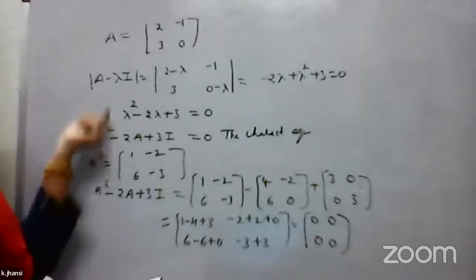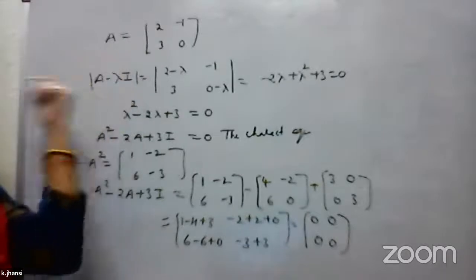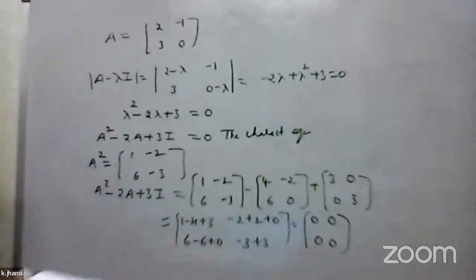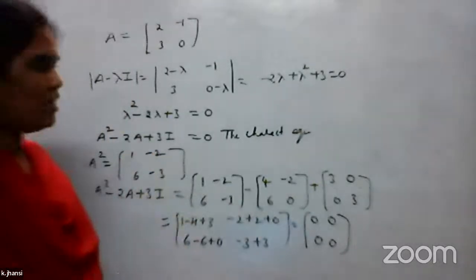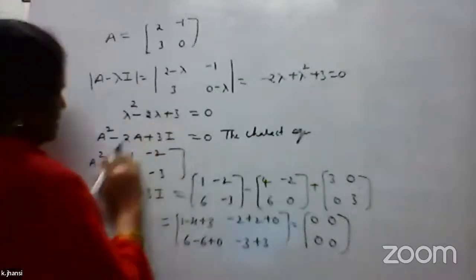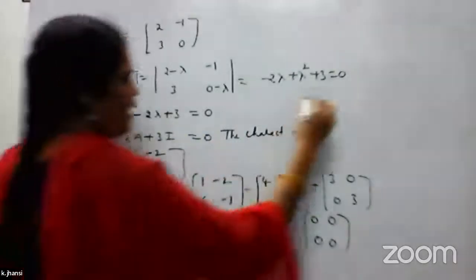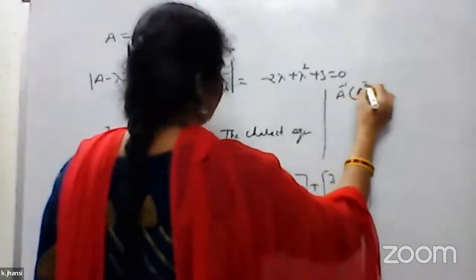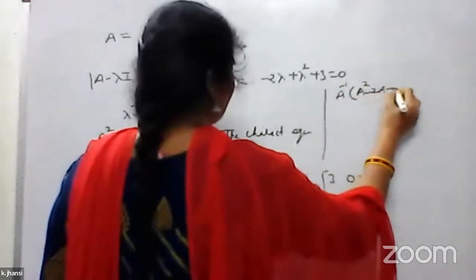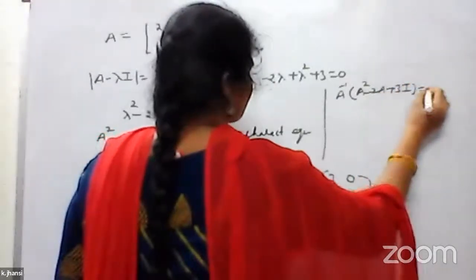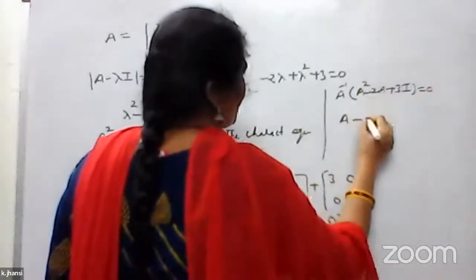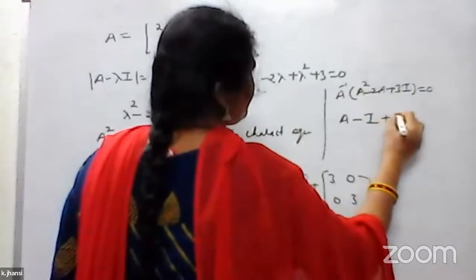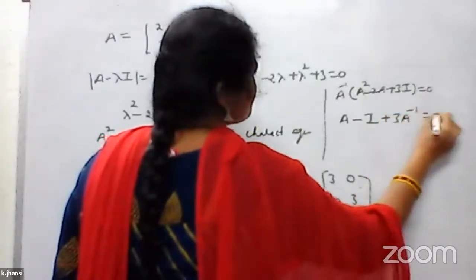Okay, so whenever a 2 by 2 matrix or else a 3 by 3 matrix is given, the procedure is the same one. From the characteristic equation, if you find A inverse, that is A inverse of A square minus 2A plus 3I equals 0, you will get A minus 2I plus 3A inverse equals 0.